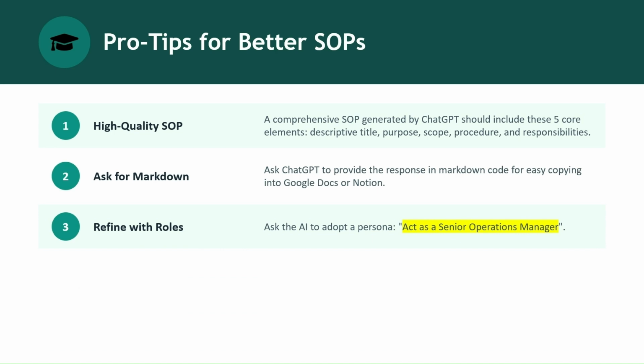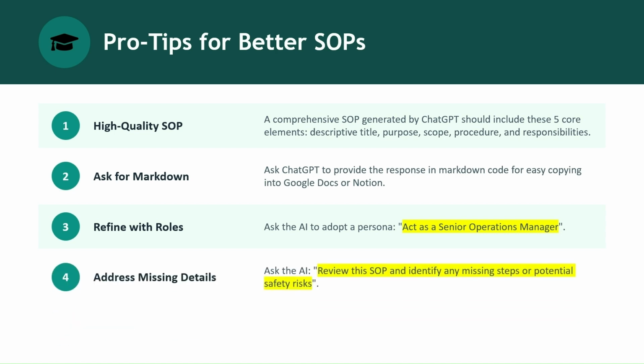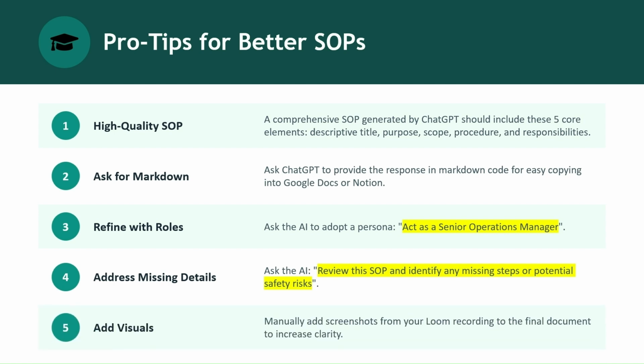Refine with roles. Ask the AI to adopt a persona, for instance: act as a senior operations manager. Address missing details. Ask the AI: review this SOP and identify any missing steps or potential safety risks. Add visuals. Manually add screenshots from your Loom recording to the final document to increase clarity.